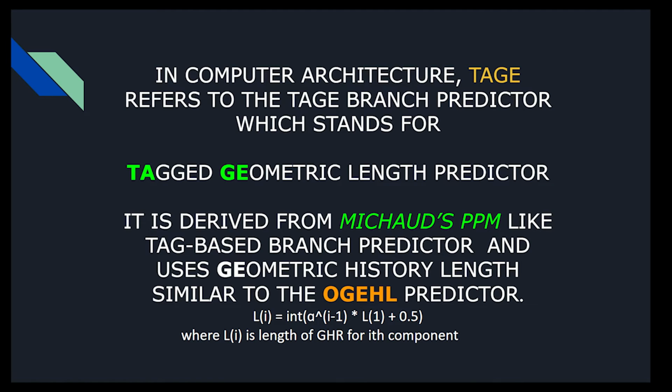And the tag components make use of lengths of global histories which form an approximate geometric series, which can be given by the formula Li equals int of alpha raised to i minus 1 into L1 plus 0.5, where Li is the length of the ith component of GHR.